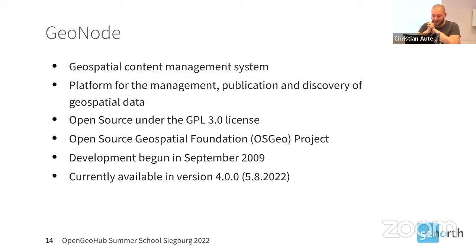And it is currently available in version 4, which is roughly a month old. We won't use version 4 today, but the older version 3.2, just because I know what's wrong in that version, and I don't know what's wrong in the 4.0 version. And I didn't want to have any surprises today.